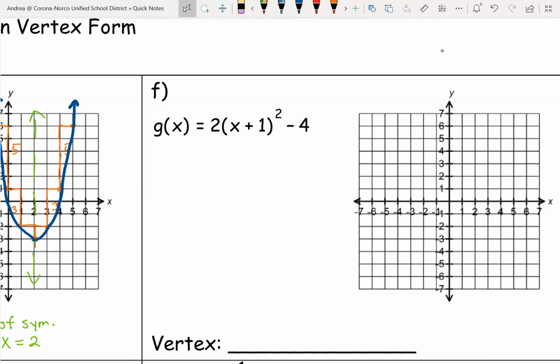Yassine, what is the vertex here? -1. Very good. -1, -4. Again, make sure you change that sign. That makes the axis of symmetry x equals -1.